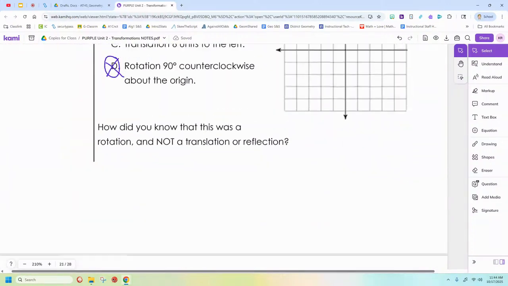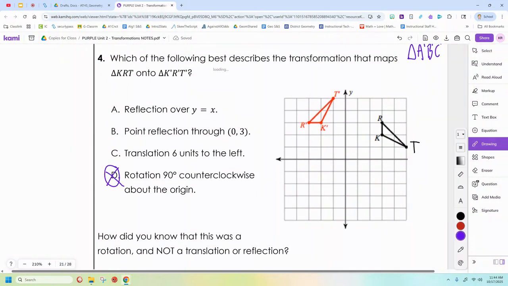But I'm going to go back to what Amir said, because if he continues to elaborate, it would be perfect. Even though R moves 6 units to the left, K prime doesn't follow the same rule, right? So we would just have to give a counter example to make it stick. But I thought that was an excellent observation.